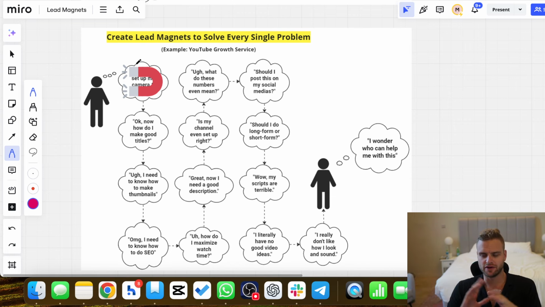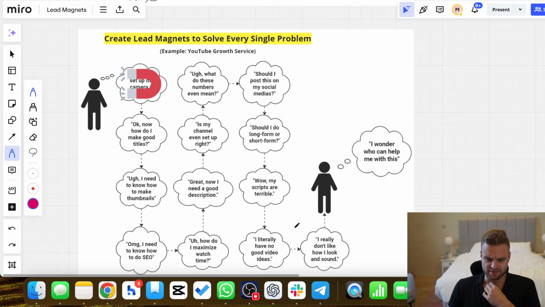They either know how to set that up, or they don't even have a good camera to set up, or they don't believe it's important, or they don't even know that you need a good camera. Whatever. That's fine, but there's a much bigger percentage of the target market who is going to have a different problem, just statistically. And if we just have that lead magnet, all of these other problems are not being solved.